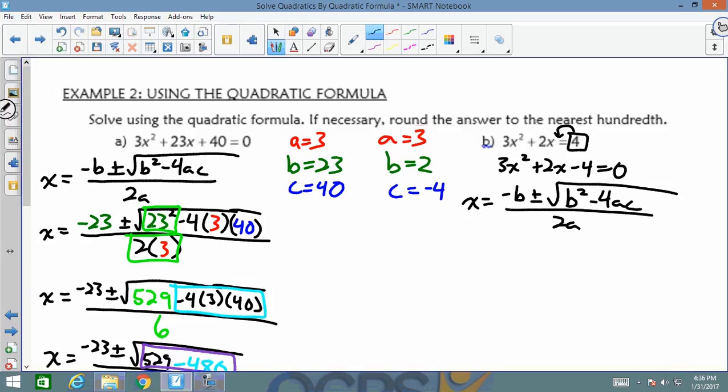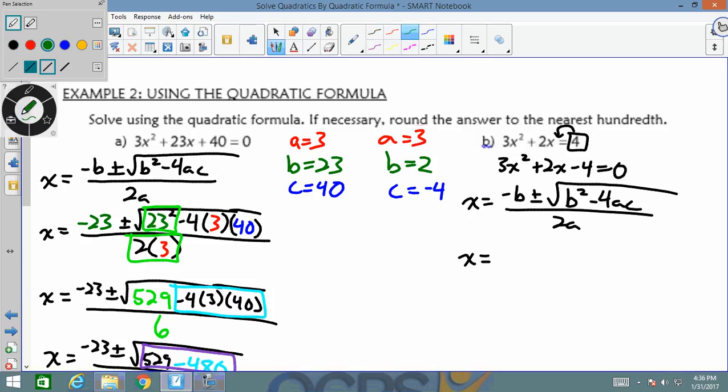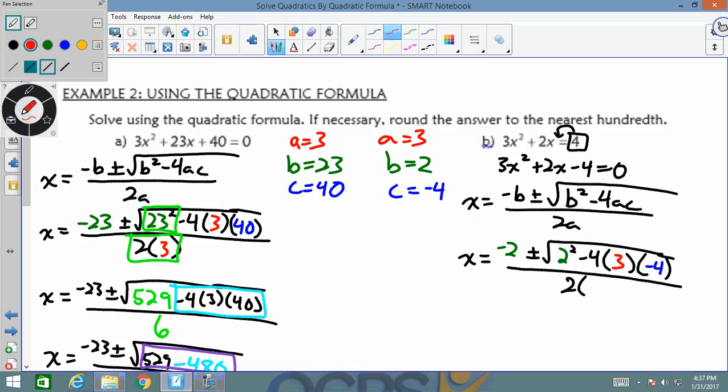Now we're going to substitute our numbers in. So x will equal, since b is 2, it's going to be negative 2. That's what it says, opposite of b, plus or minus the square root of 2 squared minus 4 times a, in this case 3, times c, which in this case is negative 4, all over 2 times a, which is 3.